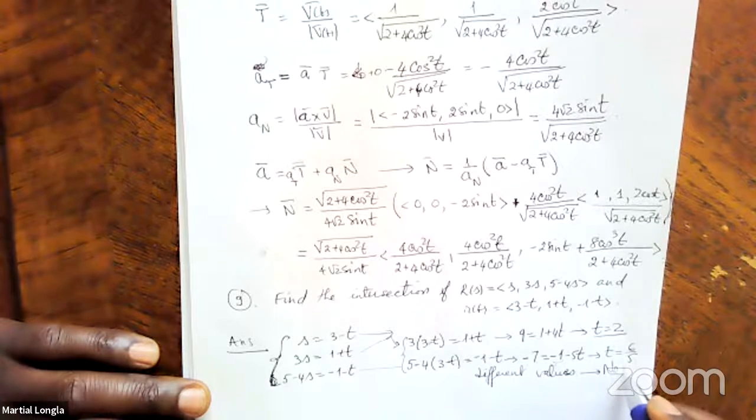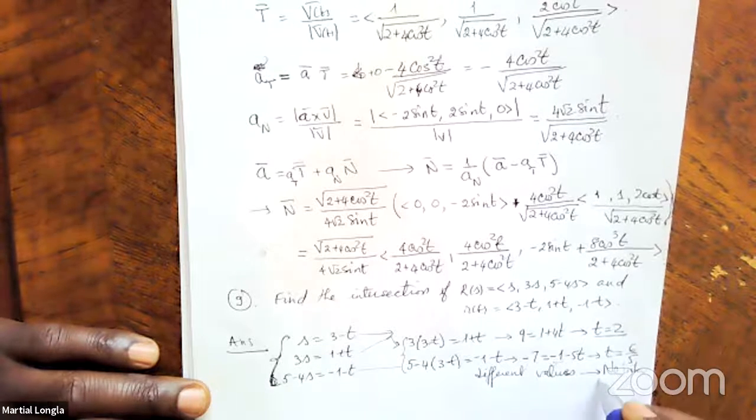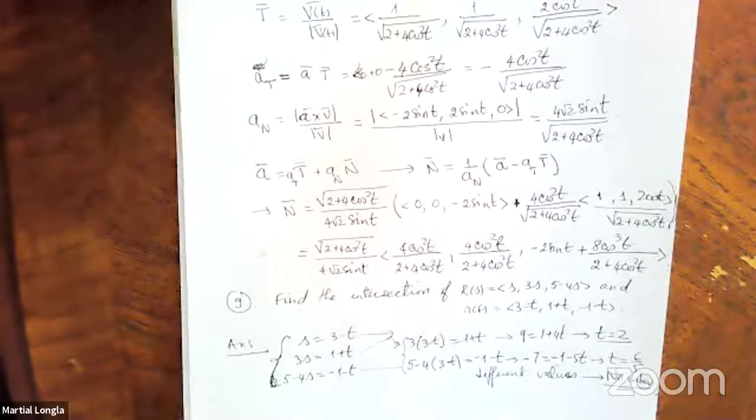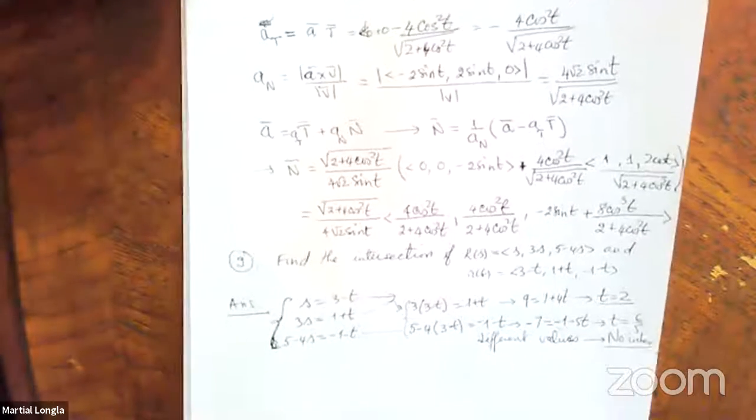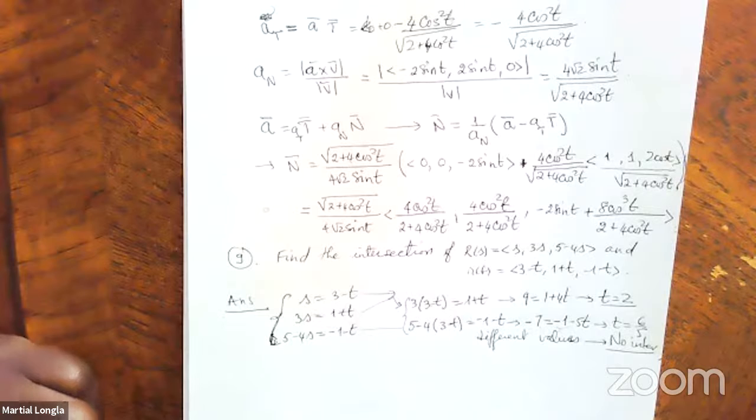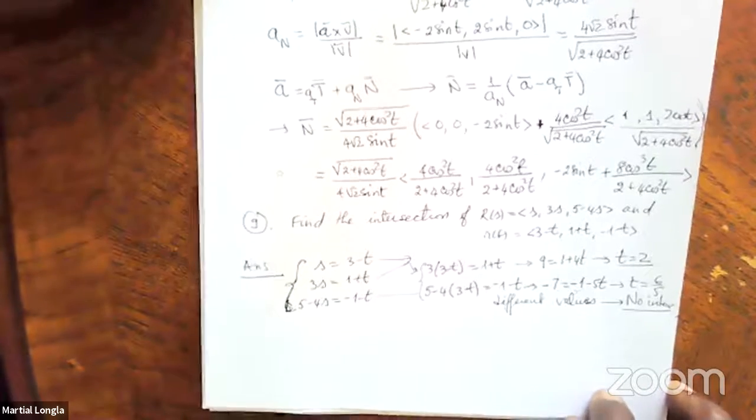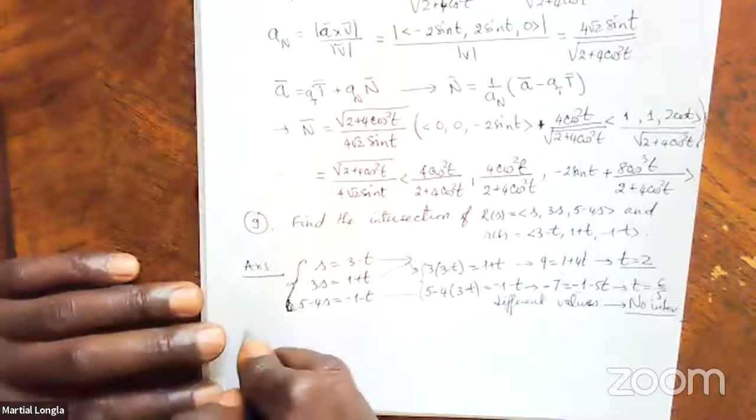Exactly, no intersection. So the two lines don't intersect. Their intersection is empty. Any question on this problem?